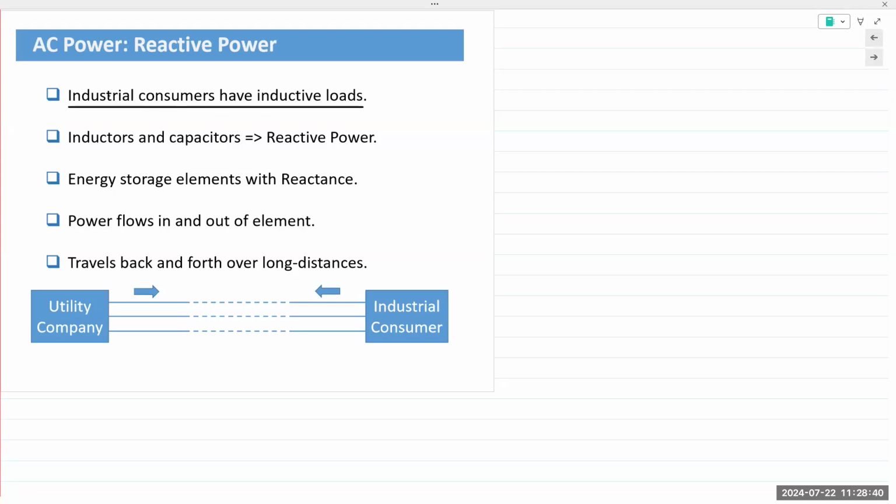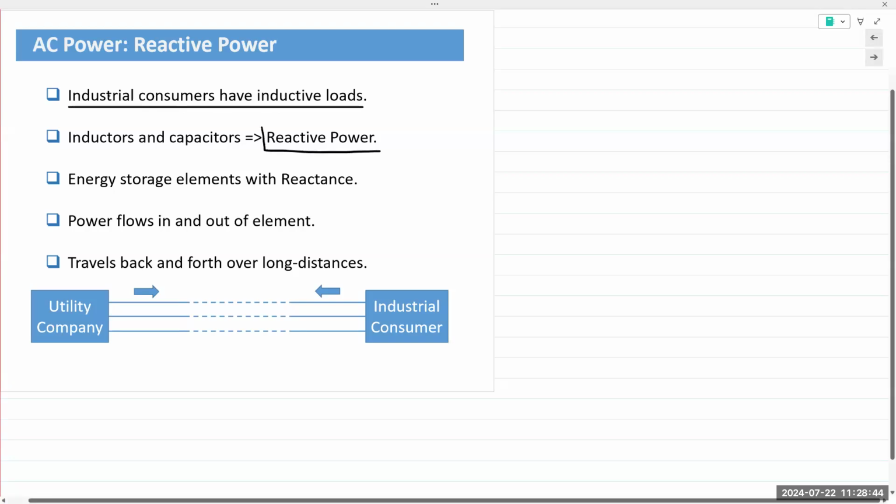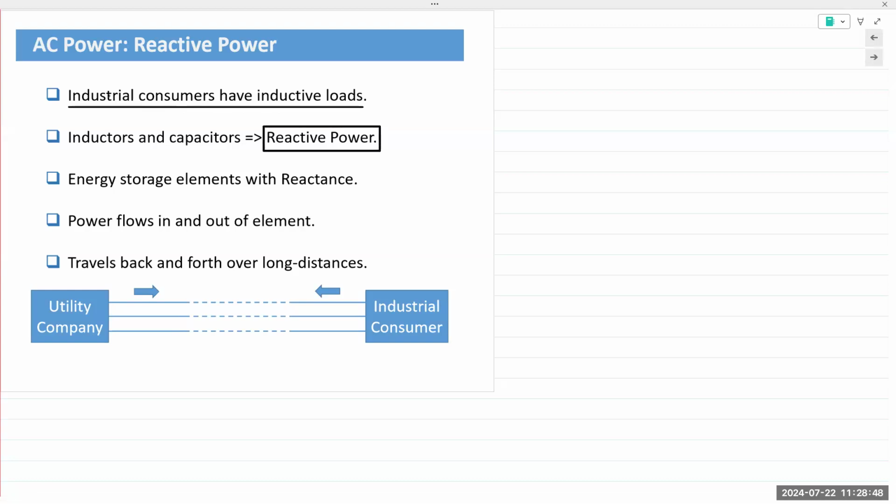Inductors and capacitors, again, we talked about how they have reactive power, because the power associated is with the reactance. So the power associated with an inductor and a capacitor is termed reactive power. Remember, ideal capacitors and ideal inductors do not have any real power. When I say real power, I'm talking in terms of the resistive power.